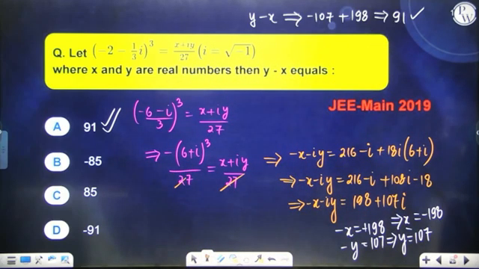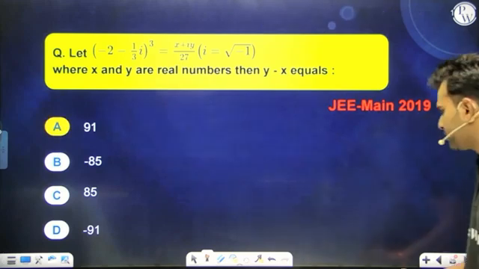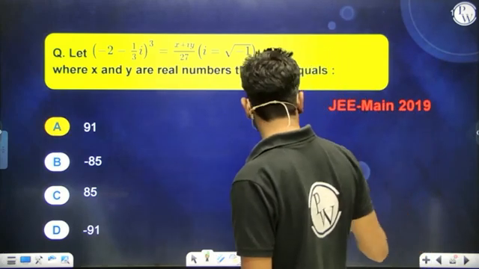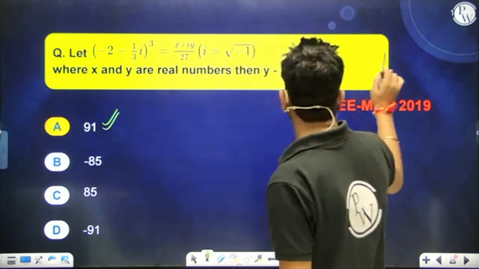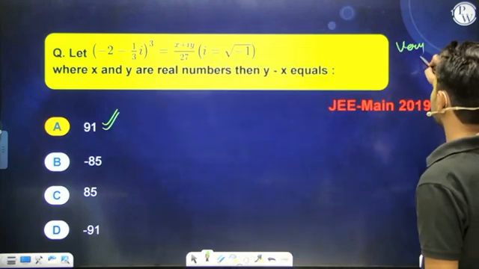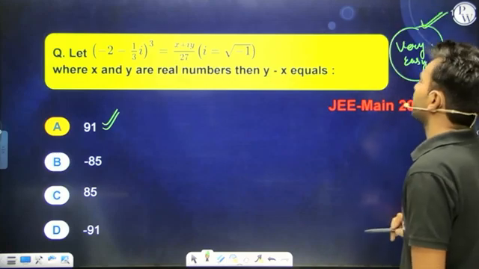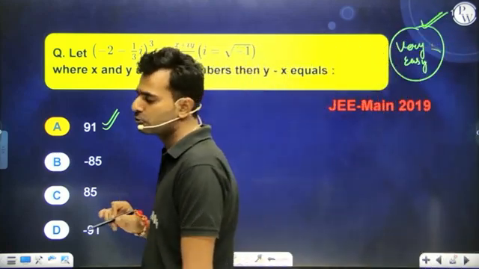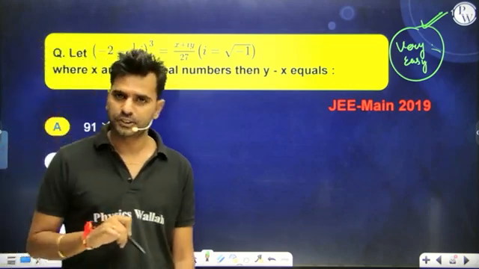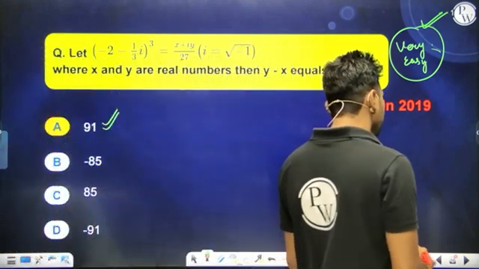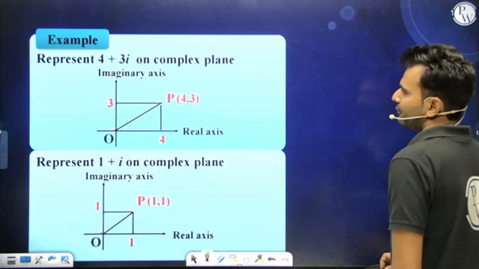I don't think that there is any confusion in this particular question. Yes, it was a very easy category of problem. Yes, it is a bit calculative, that I do understand, but if you are preparing for JEE, then you should be able to solve these kinds of problems in the JEE examination. The calculation part is what you have to focus on.